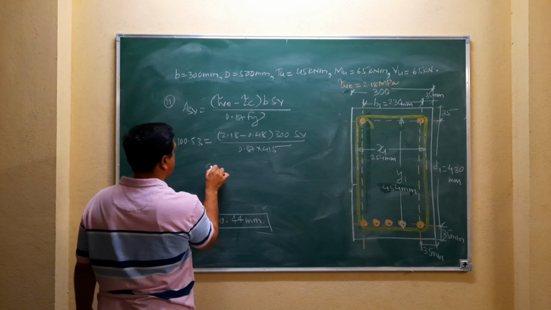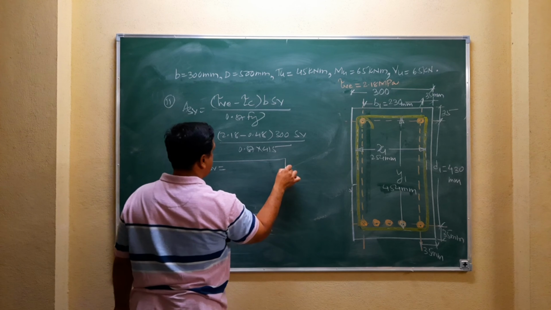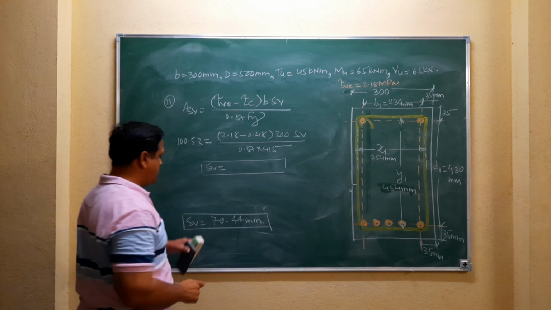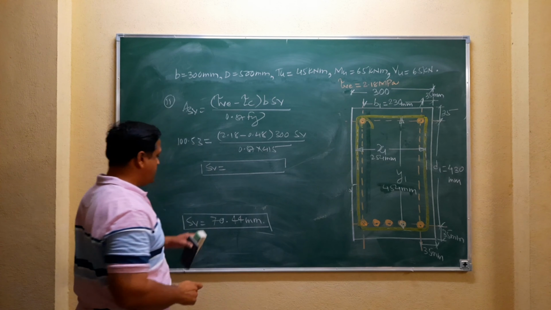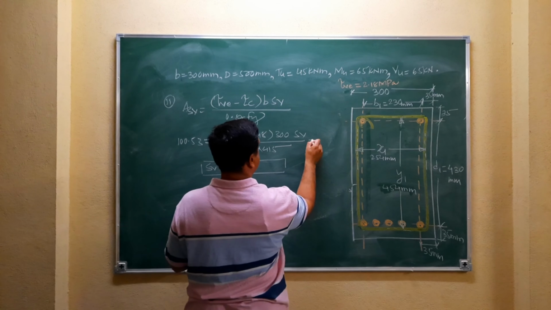Using this formula, the second value of SV: 2.18 minus 0.48 into 300, divided by 0.87 into 415.